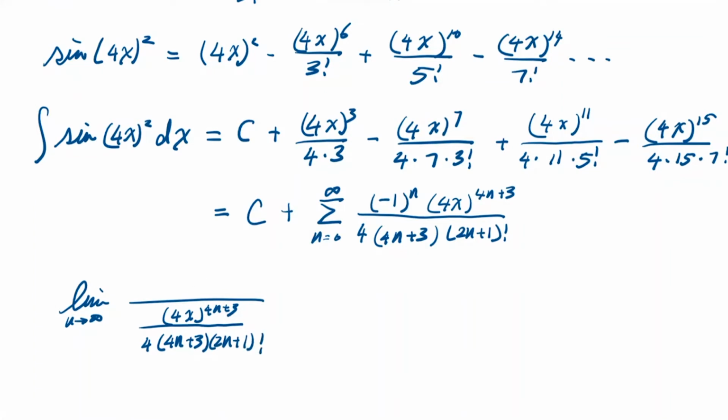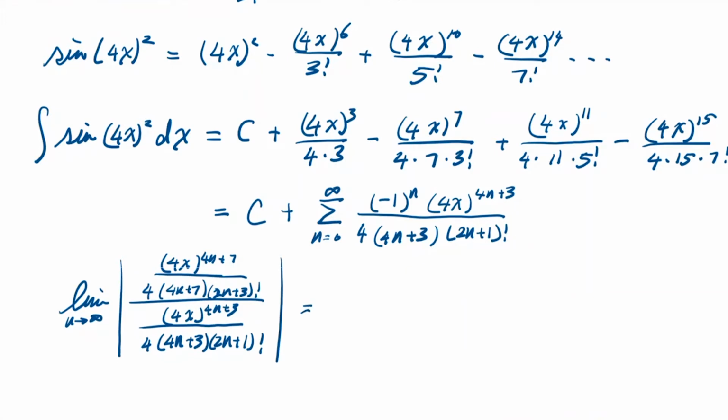Okay, so numerator we would have 4x to the 4n plus 7. Would that be too much? Okay. And then here's 4, and then 4n plus 7 here, and then 2n plus 3 factorial, right? Y'all follow?